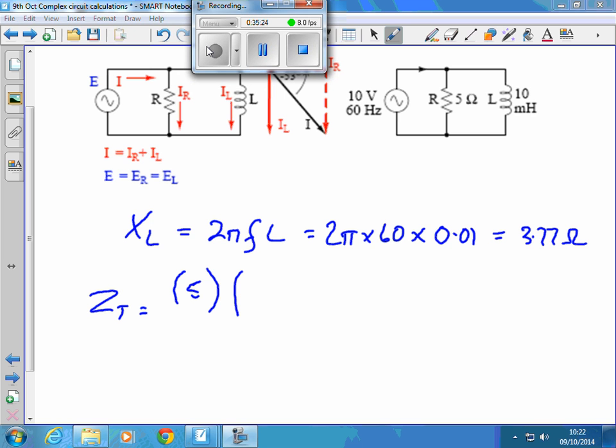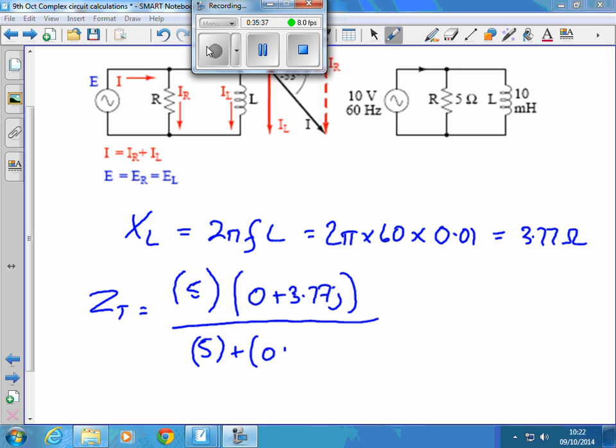L is 0 plus 3.77J. And then that is over 5 plus 0 plus 3.77J.